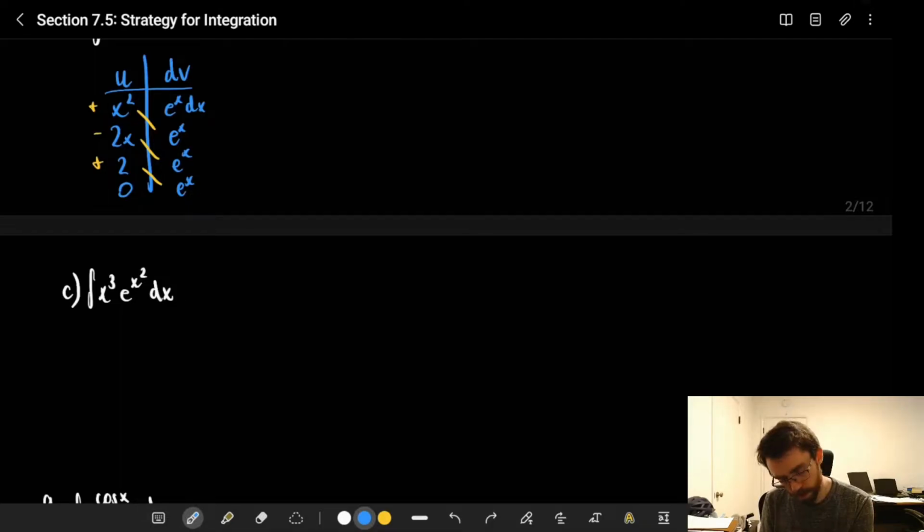Huh. Okay, this might be one of the ones where it's a substitution followed by integration by parts. I don't see those very often, so we'll figure this out together. Yeah, I think a u sub works.